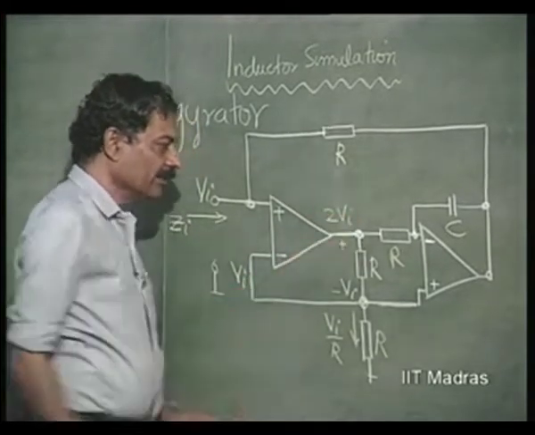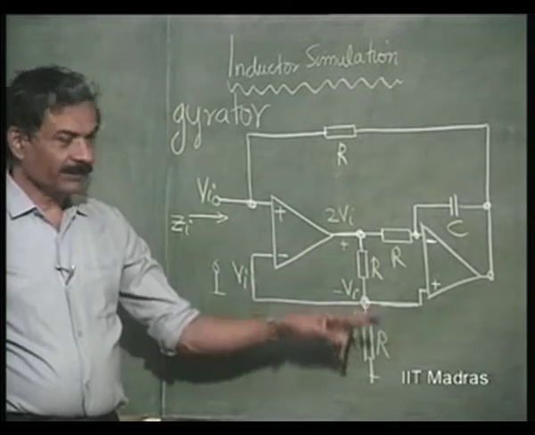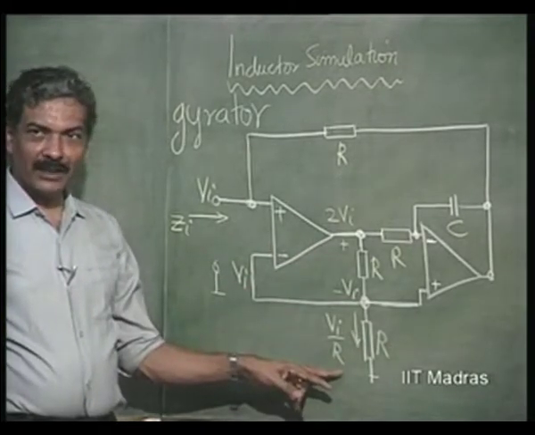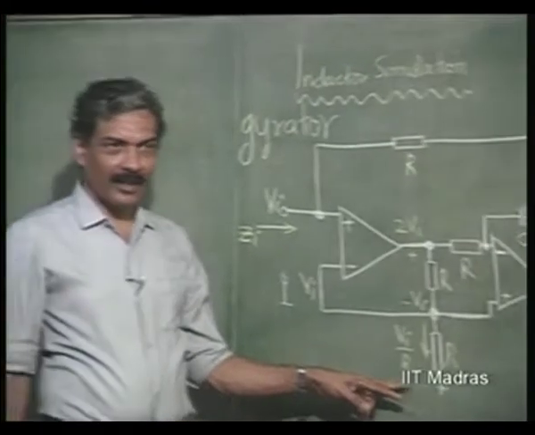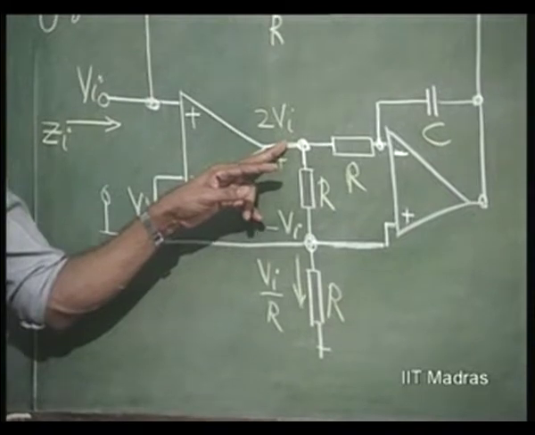That can be easily concluded also by the fact that this is nothing but a non-inverting amplifier of gain equal to 1 plus R 2 over R 1. R 2 is equal to R and R 1 is equal to R. So, the gain from here to here should be equal to 2.